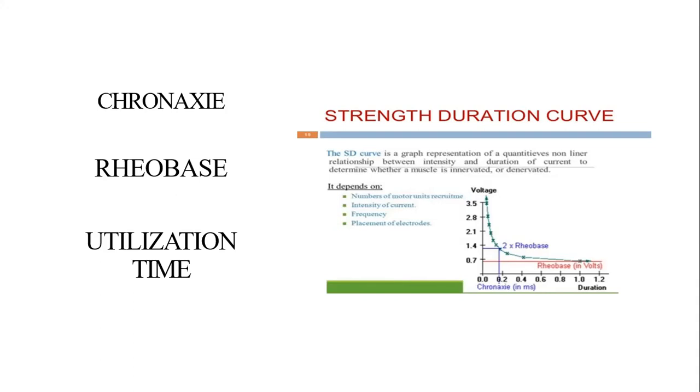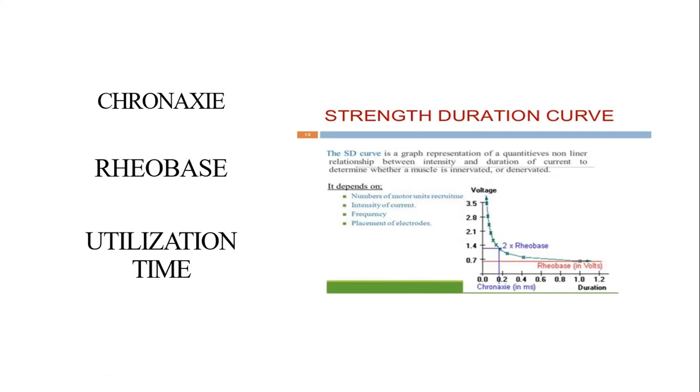You can graphically represent them with a strength duration curve. You can see here number of motor units recruited, intensity of current, frequency, and placement of electrode. The SD curve is a graphical representation of these things. Here you can see the voltage, and here you can see the duration of the current.